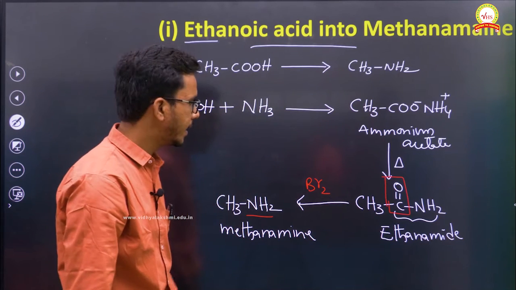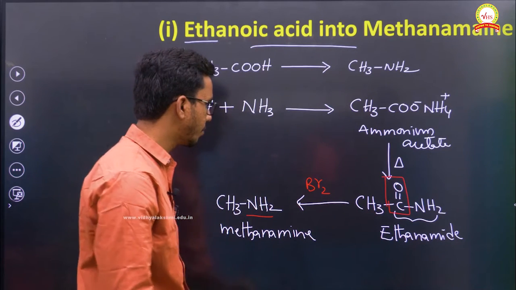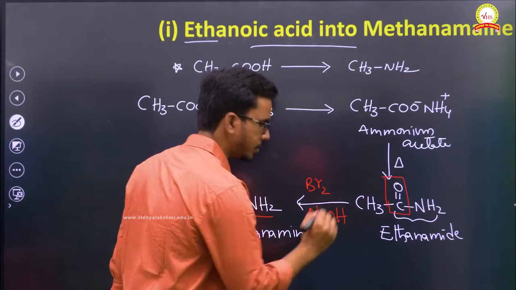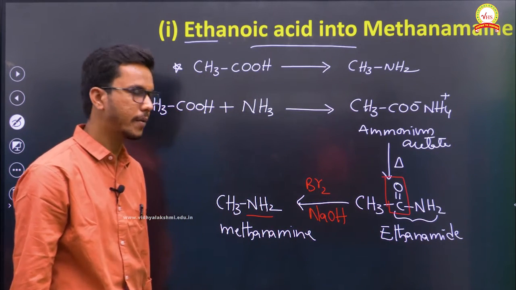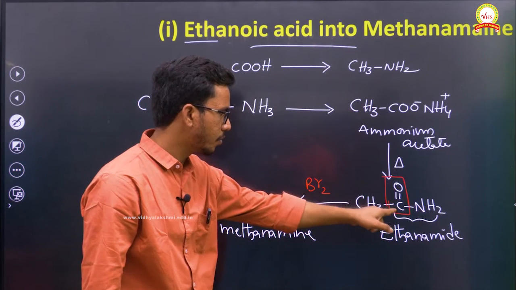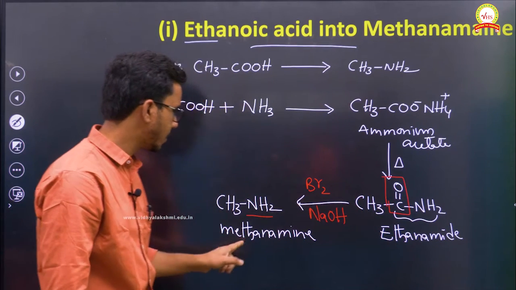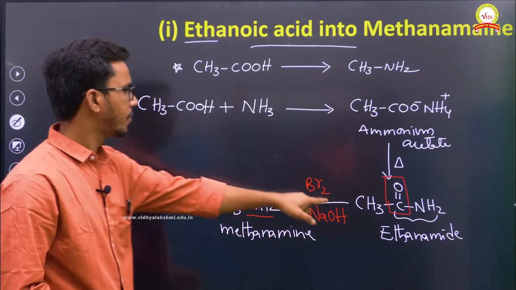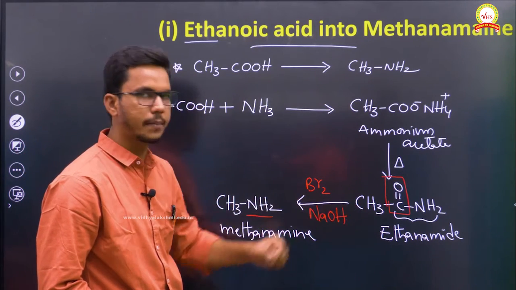Degradation means one of the carbons is decreasing, right? It takes place in presence of a base, that is NaOH. What happens? The carbonyl group in the amide will be removed, and formation of methanamine takes place.